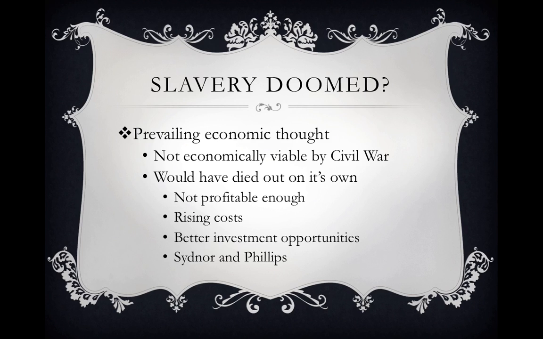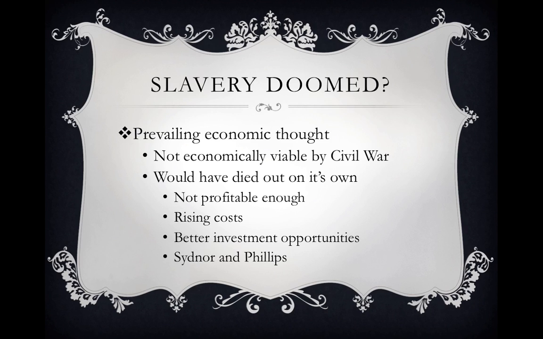The assumption was that as the prices of these slaves were going up, the profitability of the plantation labor system in the South would have decreased. Therefore, individuals in the South would have stopped investing in slaves, buying slaves, and purchased other investments that would have given a greater rate of return.